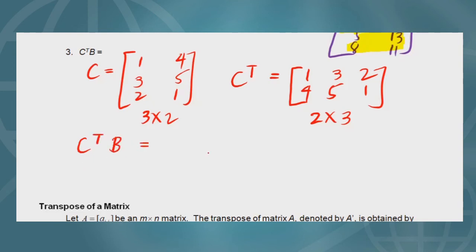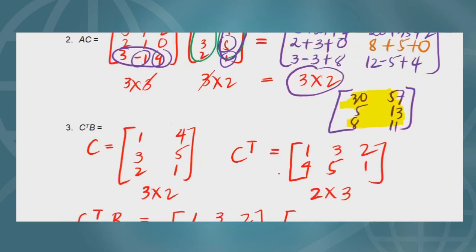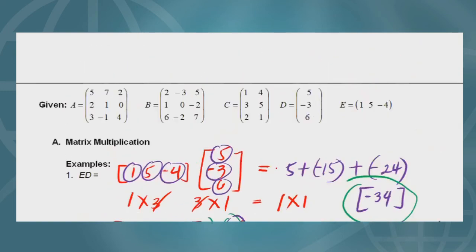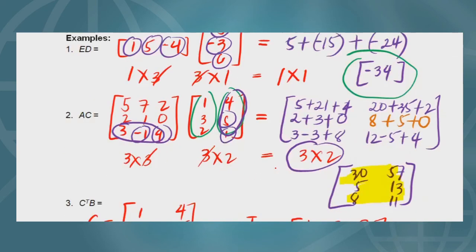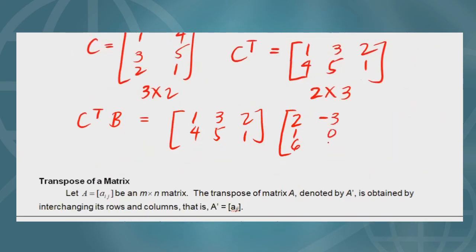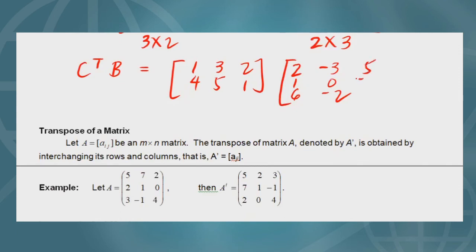So let us now determine if the transpose of matrix C can be multiplied to matrix B. The transpose of matrix C is given by 1, 3, 2, 4, 5, 1, multiplied by matrix B. Matrix B is 3 by 3. Let's copy: 2, 1, 6, negative 3, 0, negative 2, 5, negative 2, 7. Is it possible to multiply them?